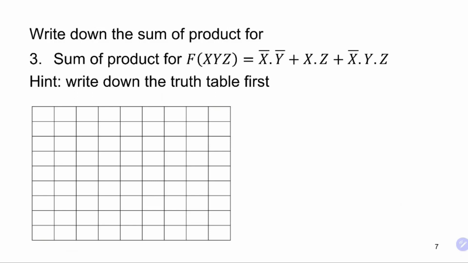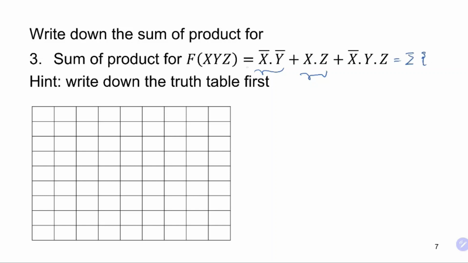How about this one? Now you can see that I got three variables in my function, x, y, and z, but my product term only got two variables. This is a non-standard form or non-canonical form. We can't write down straight away like before.